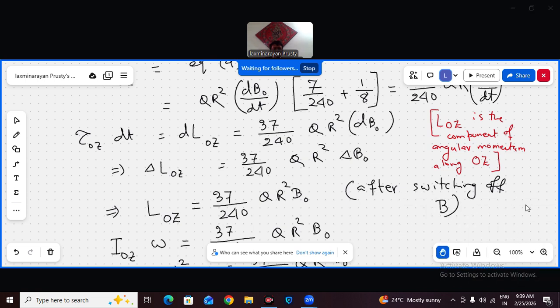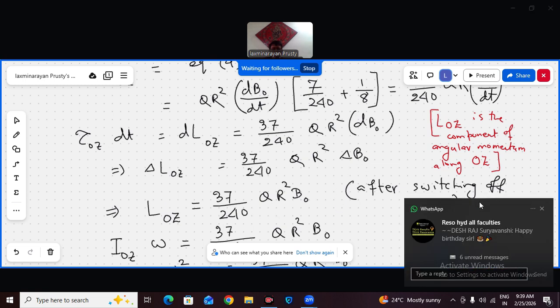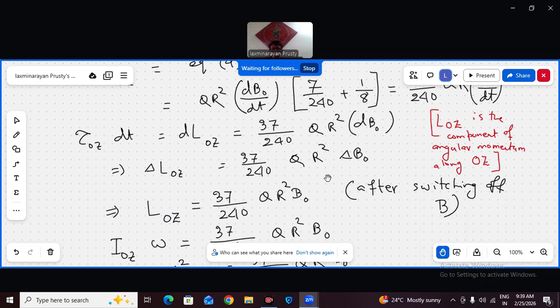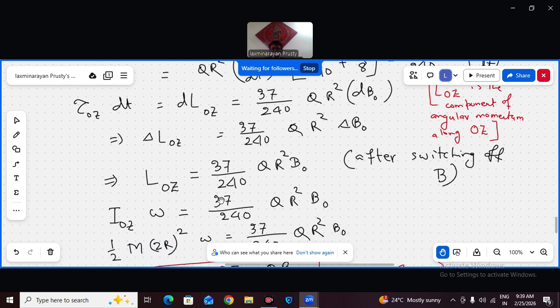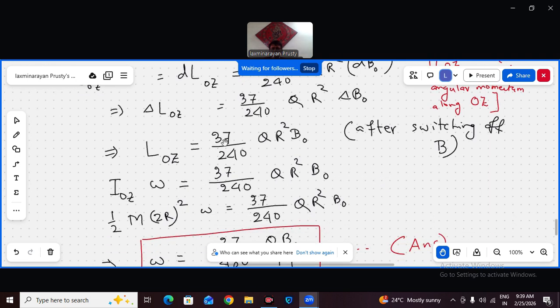Initially the field was B naught, now it becomes 0. Change is B naught for the magnetic field, change is LOZ for the angular momentum. But angular momentum is IOZ into omega, because it's a fixed axis rotation along OZ axis. So omega, that is equal to 37 by 240 q r square B naught.